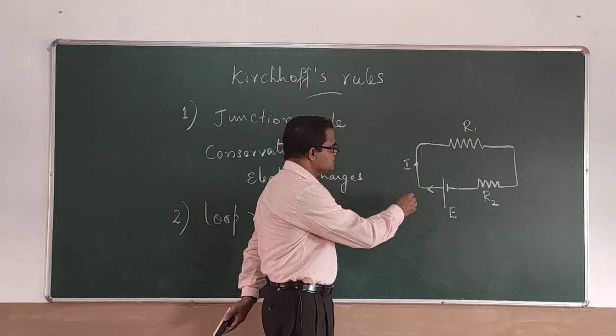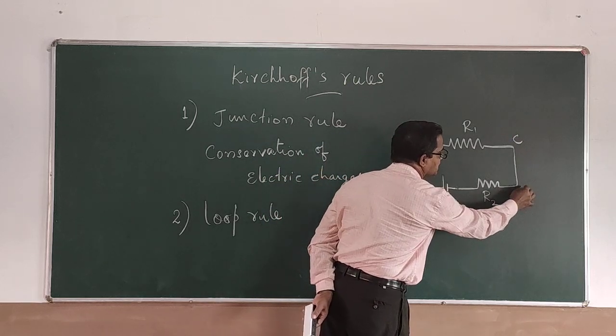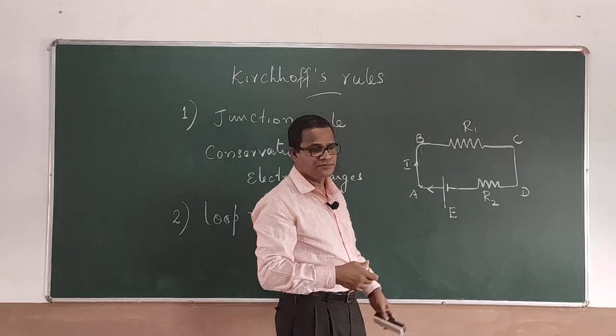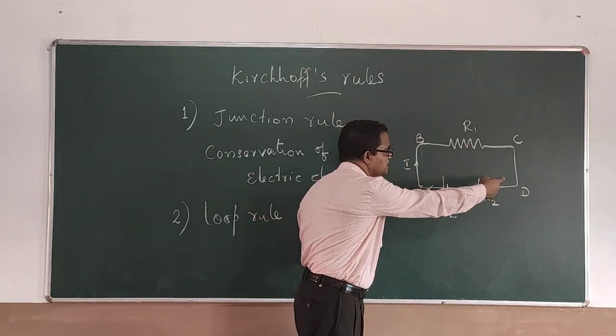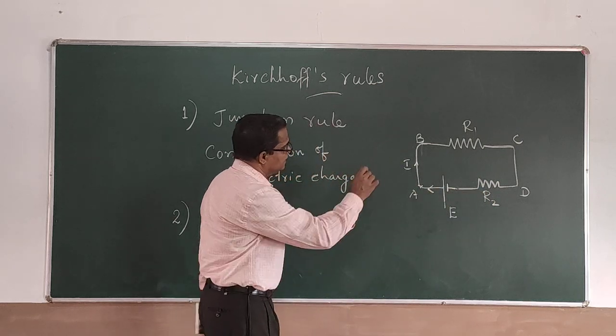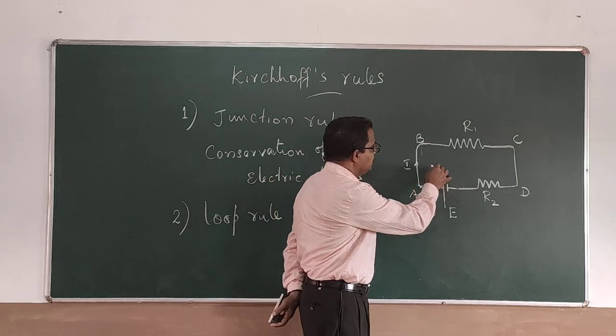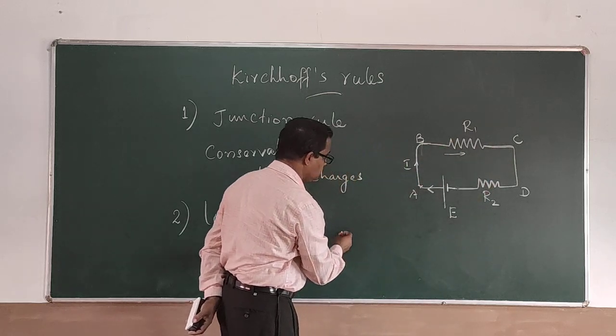So, if I take this closed loop as A, B, C, D, A like this, then if I move from A to B, B to C, C to D and D to A, I can write, applying sign conventions, I will be moving along the direction of flow of current.